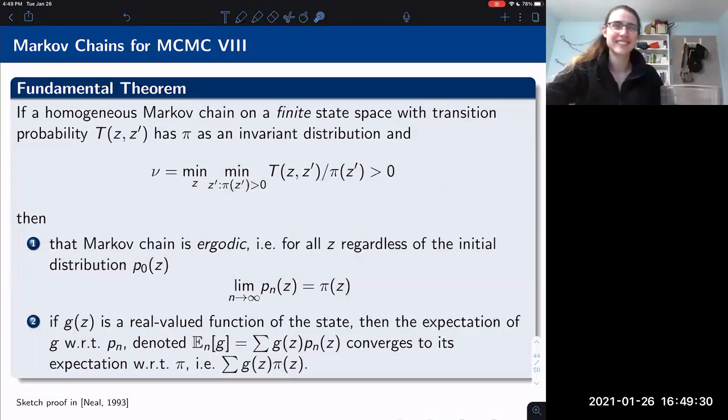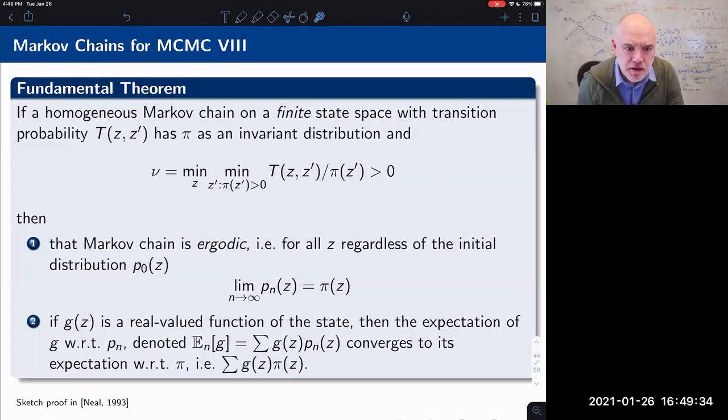Yeah. Okay. And Greg, I see you had a question. Are there similar results for higher order Markov chains? Would you converge to a stationary distribution faster in that case? Let me think about that.